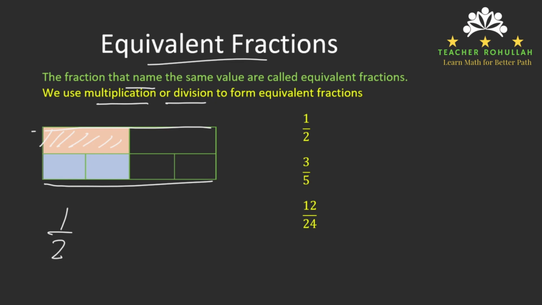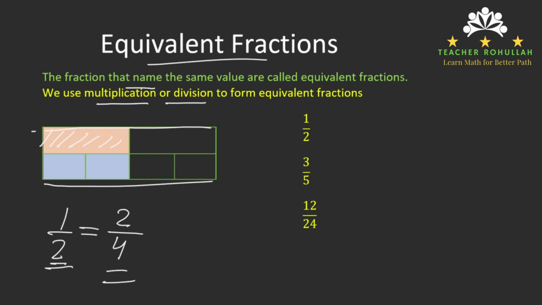And the fraction of the shaded part in the second rectangle is 2/4. These two fractions show equal amounts because they show the exact same part of the two rectangles, which are the same sizes. So these two are called equivalent fractions.